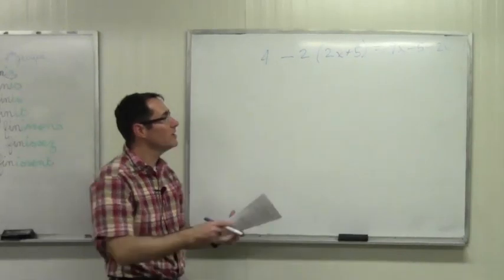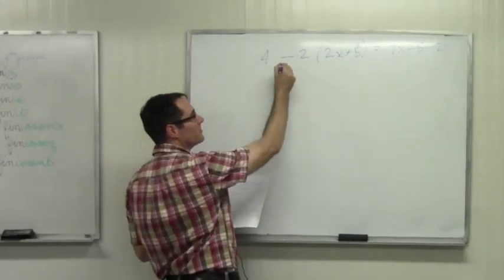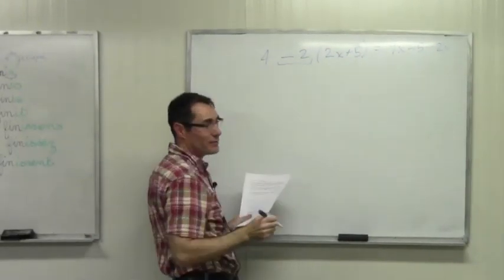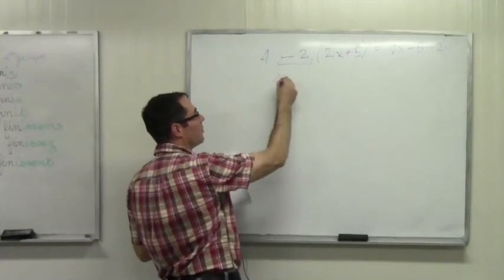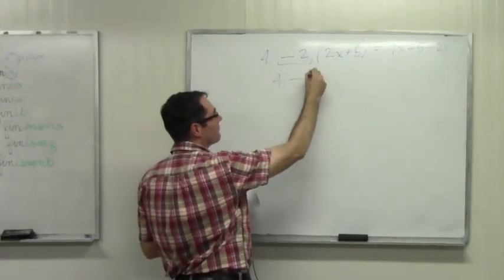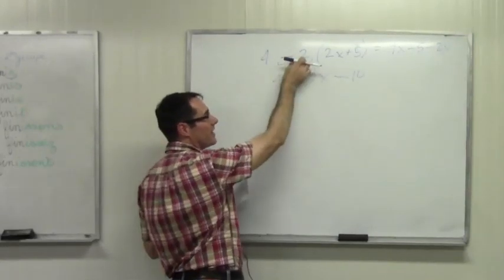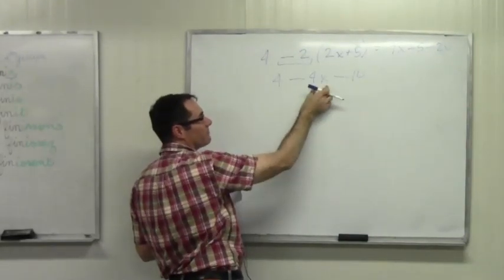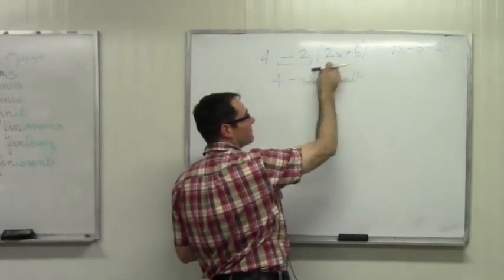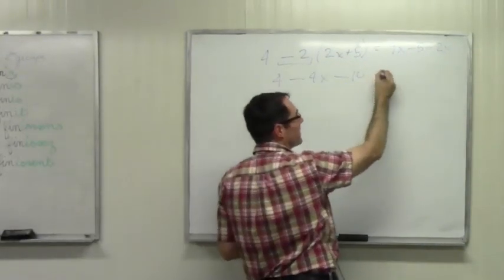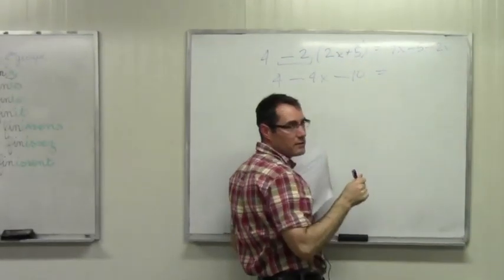Distribute the 2 through. But it's actually not just the 2. It's distribute the negative 2 through. You've got to be really careful with that. 4 minus 4x minus 10, because I distributed negative 2 times 2x is negative 4x, and negative 2 times 5 is negative 10.